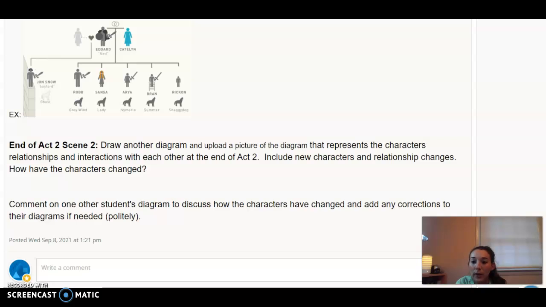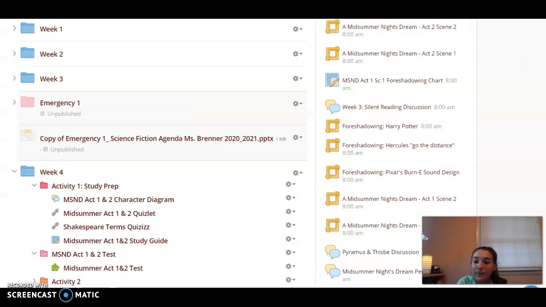If there are major corrections, just point out to them, hey, actually those 2 people aren't in a relationship anymore, or hey, that character actually is named this, you messed up the names. Be polite to each other, but we all want to make sure that we are on the same page. And I will go through the comments as they come in and let you know if there's anything that you are missing.